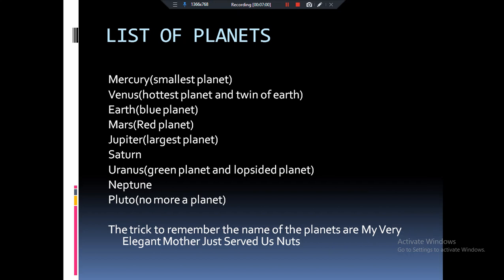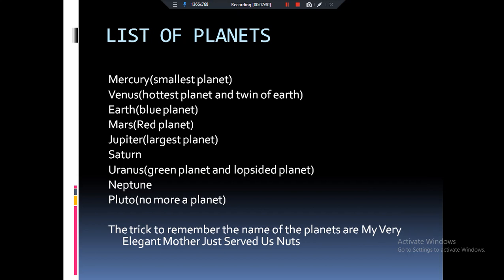Then we will talk about Uranus, which is also known as the green planet and also the lopsided planet. And the last planet is Neptune, which is about 30 astronomical units away from the sun. We will learn what 1 astronomical unit is. And the last one is Pluto, which is no more a planet and is known as a dwarf planet.